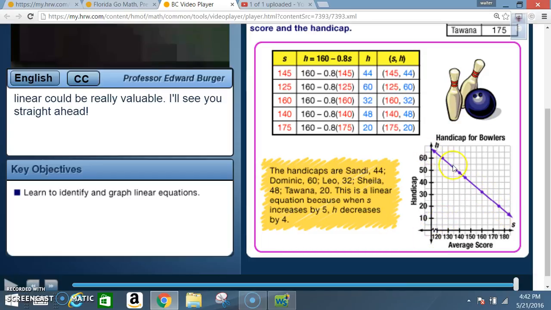It's linear, but non-proportional. Once again, linear, but because it does not go through 0, it is non-proportional. If the line went through 0, we would say that it's linear and proportional. But once again, since the y-intercept is not 0, we say that it is linear and non-proportional.